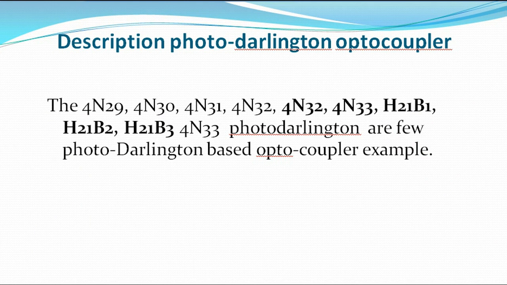Now, these discrete photo-Darlington optocouplers, these are the series that I know for now. You can also go out there to find other series. It has 4N29, 4N30, 4N31, 4N32, and so on and so forth.